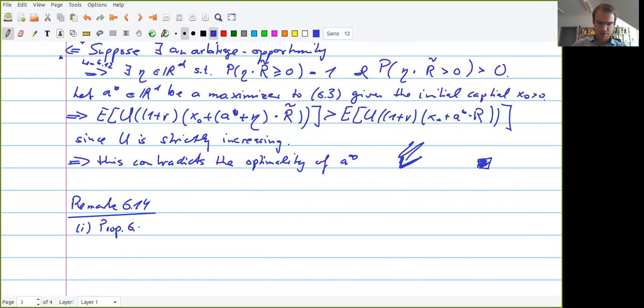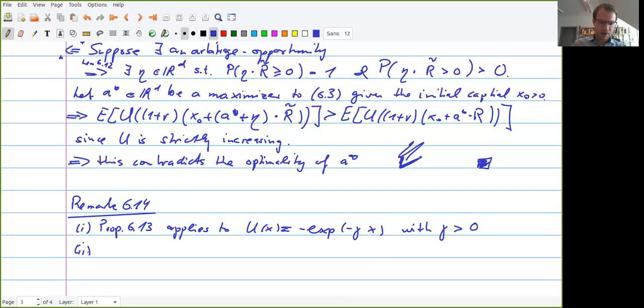The last proposition applies, for example, to u, so the utility function chosen to be minus exponent of y. So take an exponential utility function here. It's one example of a utility function which is bounded from above.